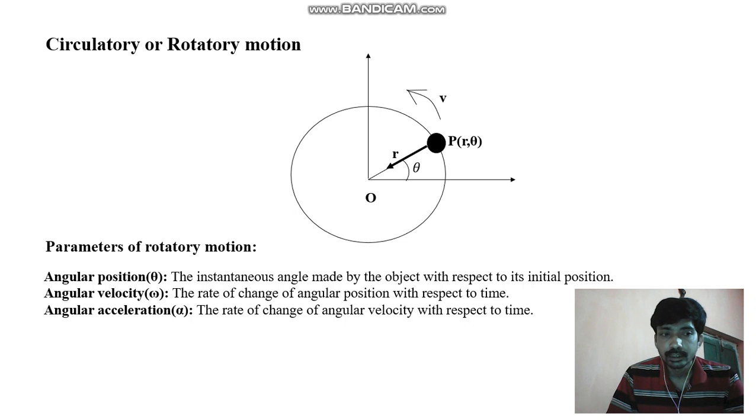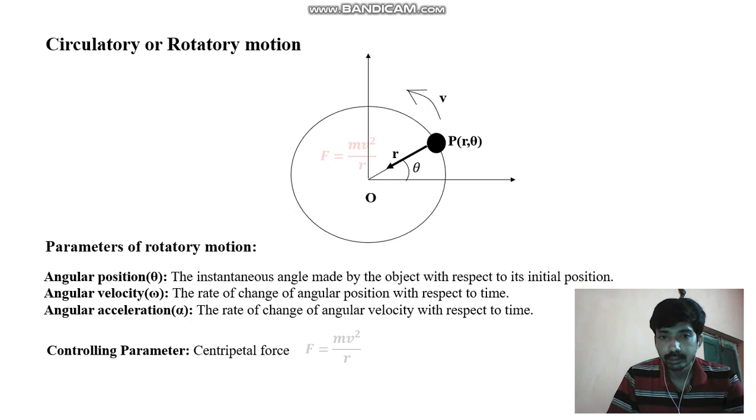Now we know that behind every motion of any object there is a force, according to Newton's laws of motion. So here also the factor that controls the motion is a force, and here it is called the centripetal force. Now how can we calculate the centripetal force?